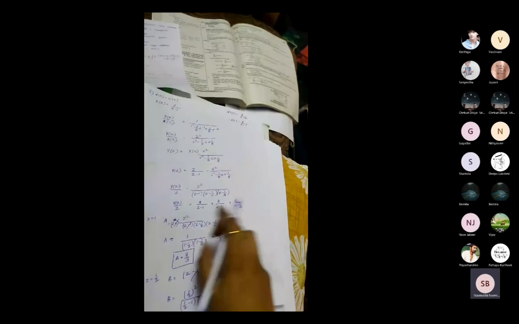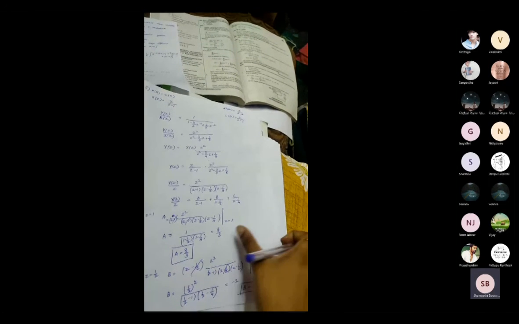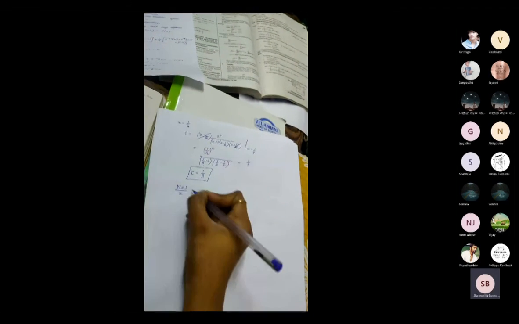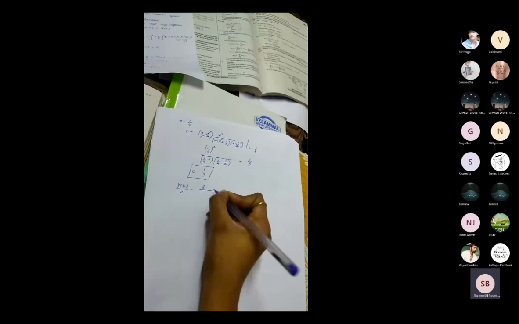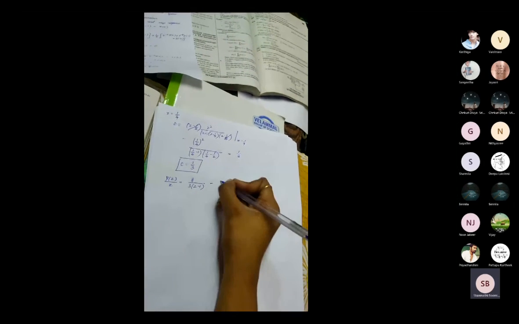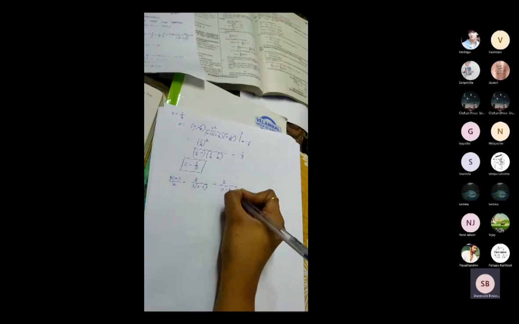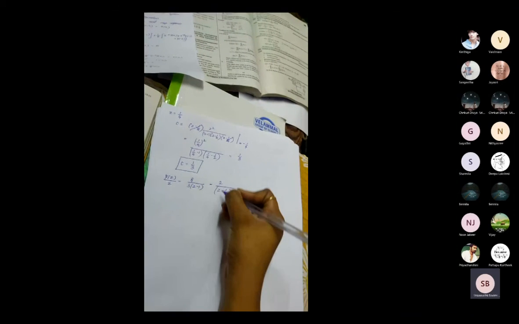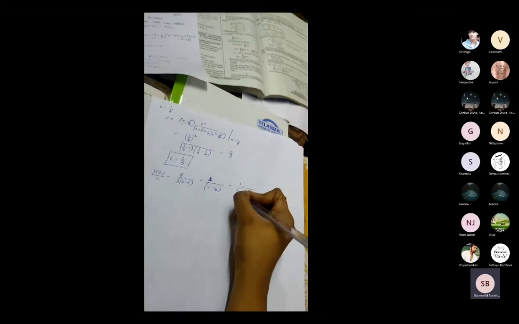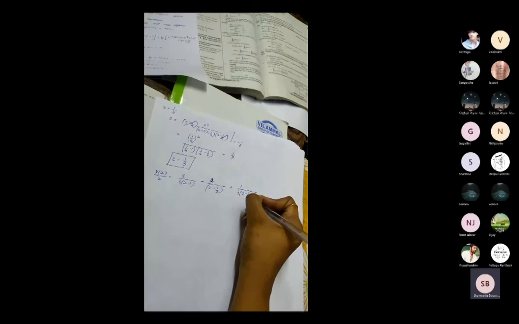So substitute the A value, B value and C value in this expression. Y of z divided by z will be equal to 8 divided by 3 into z minus 1, then minus 2 divided by z minus 1 by 2, then plus 1 divided by 3 into z minus 1 by 4.